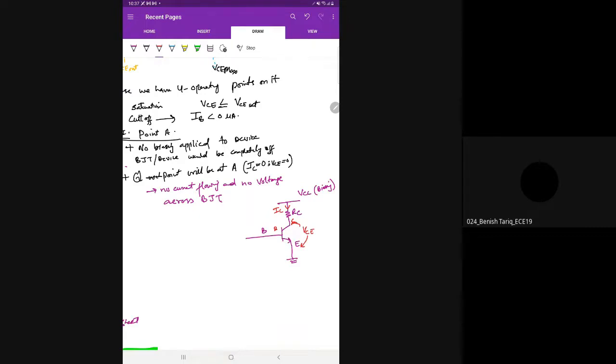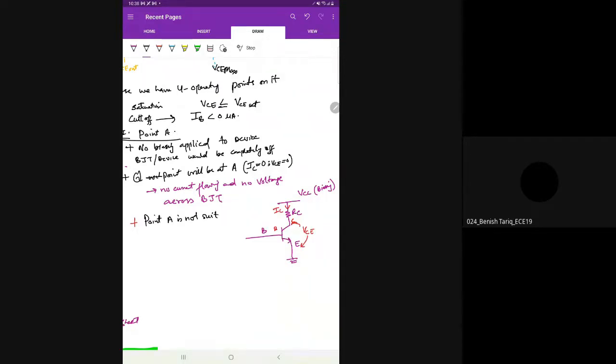It means IC is 0, VCE is also 0. It means no current flowing, no voltage across BJT. So can we say now point A is suitable? We can say then point A is not suitable for operation.